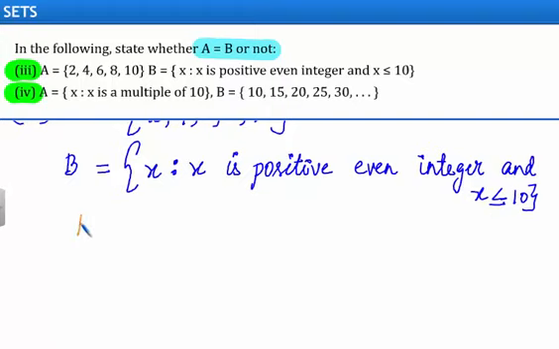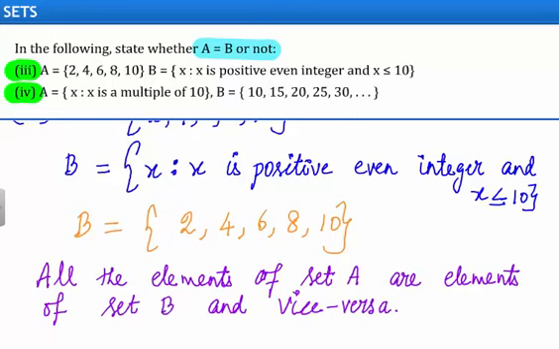We can write the elements of set B. Since B is a set of x such that x is a positive even integer and x is less than or equal to 10, the elements of set B are 2, 4, 6, 8, 10. These are the set of positive even integers which are less than or equal to 10.